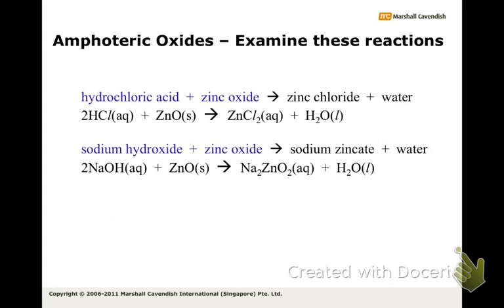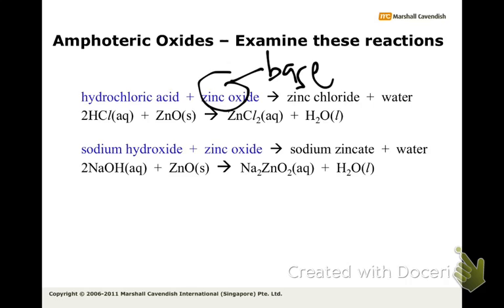Next one, we look at amphoteric oxides. You look at these two reactions. First one, you have hydrochloric acid and zinc oxide. You form zinc chloride and water. No problem with that. So for the first reaction, your zinc oxide behaves as a base. Now let's say you put zinc oxide and sodium hydroxide.